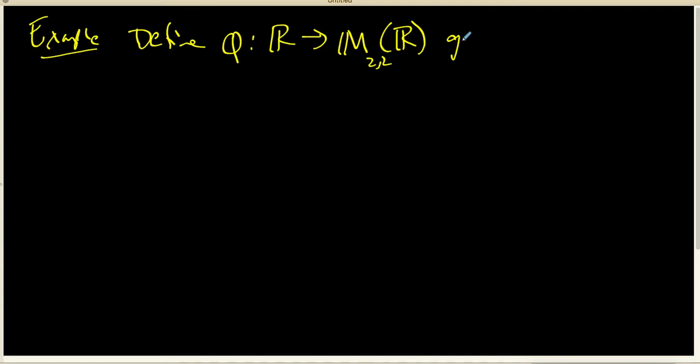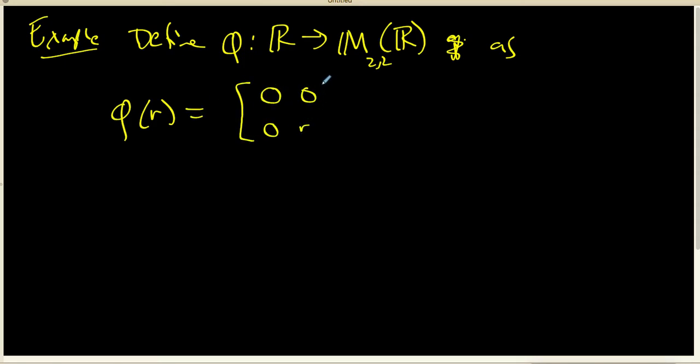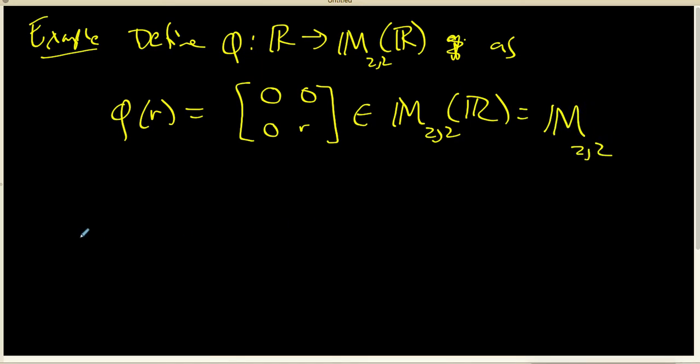And we're going to define this as phi of the real number r is going to be the matrix 0, 0, 0, r. And that clearly is a 2 by 2 matrix. I'm going to shorten that notation up to just M22.